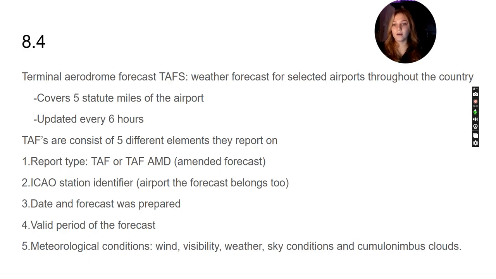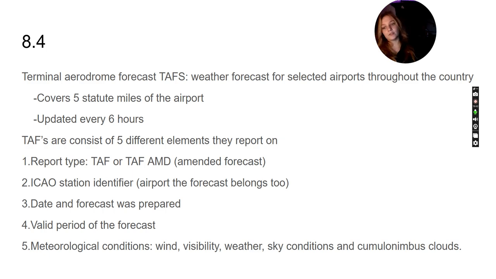8.4, Terminal Aerodrome Forecast, TAFs, which is a weather forecast for selected airports throughout the country. It covers up to 5 statute miles from the airport and is updated every 6 hours. TAFs consist of 5 different elements that they report on. So they'll report on TAF or TAF AMD, which is the amended forecast. They're amending the original one.